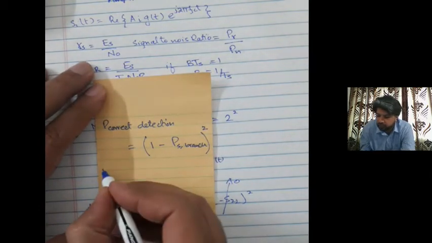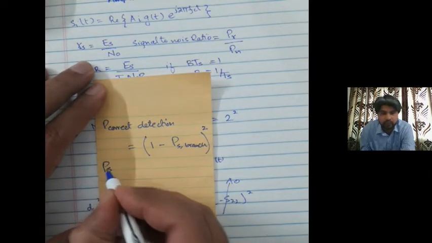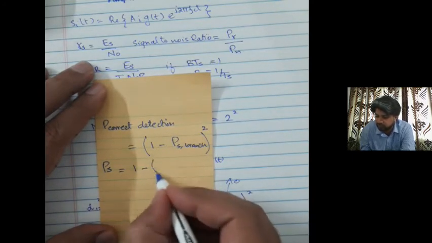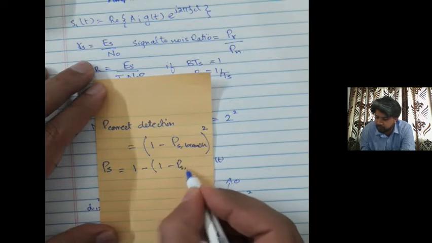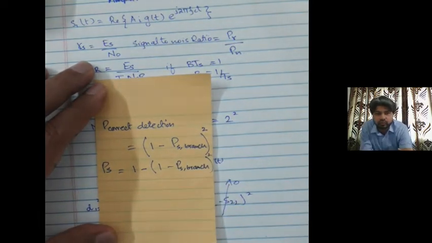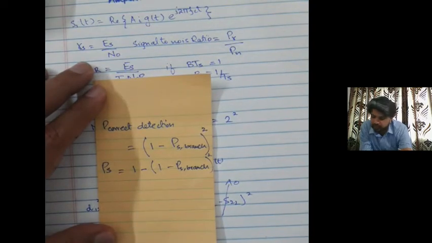And now if you want to compute the symbol error probability, that would be simply equal to 1 minus the symbol error probability of a branch, whole squared. So that would give you the overall symbol error probability of the quadrature amplitude modulation.